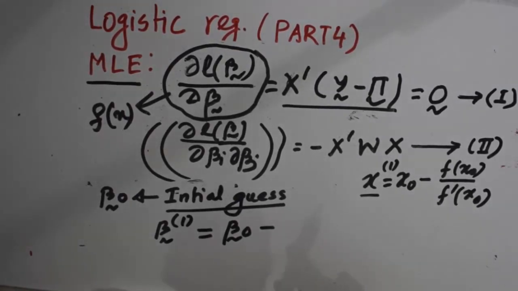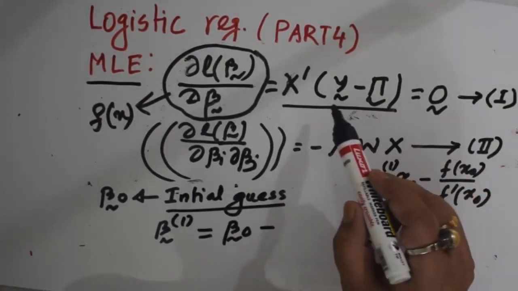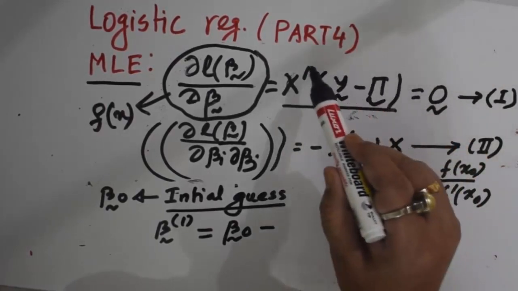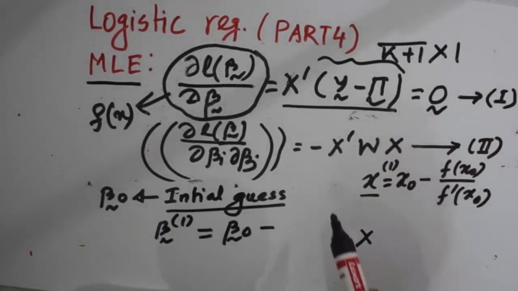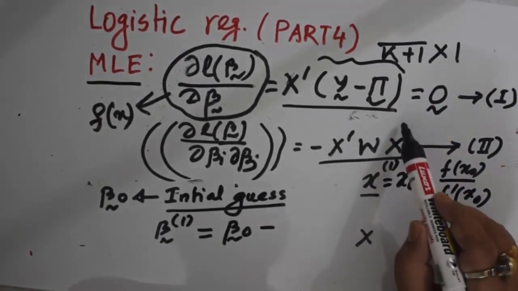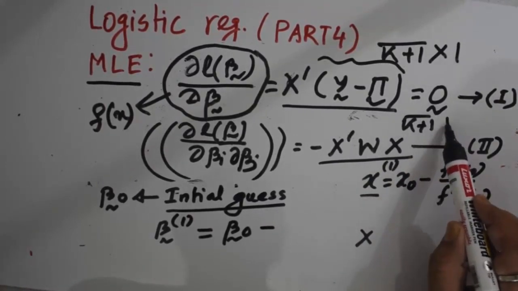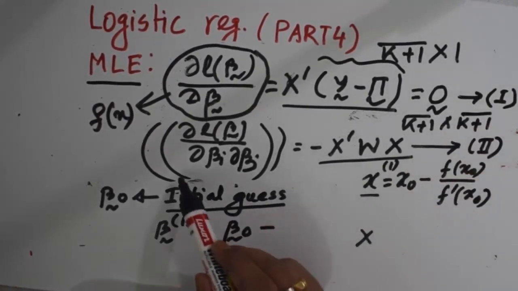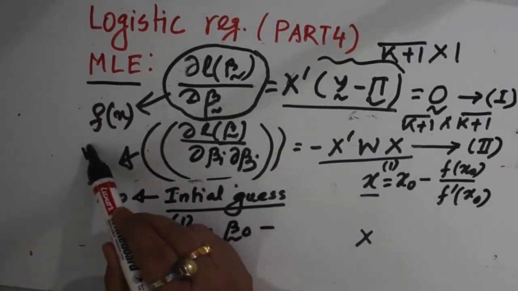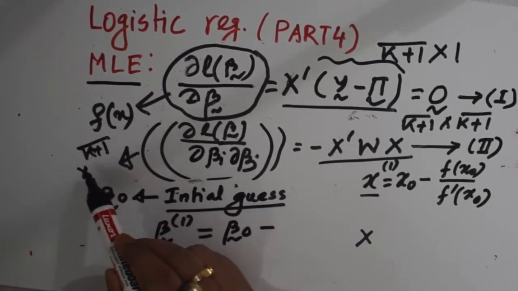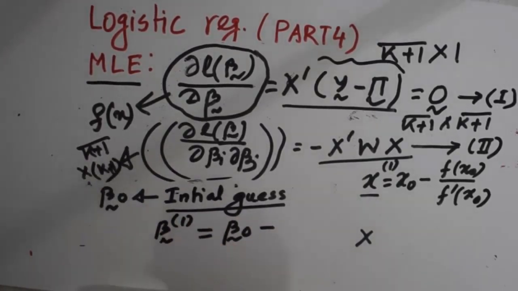The order of this is k plus 1 cross 1, and the order of this is k plus 1 cross k plus 1.